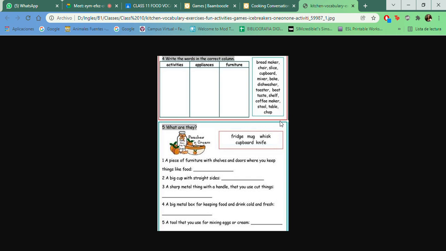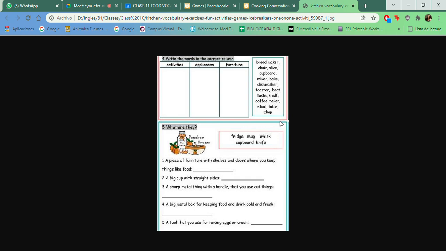Very good. Now here we have, what are they? Fridge, mug, whisk, cupboard, and knife. Well, cupboard is a piece of furniture that you already know. So let's talk about, well, number one, a piece of furniture with shelves and doors where you keep things like food.